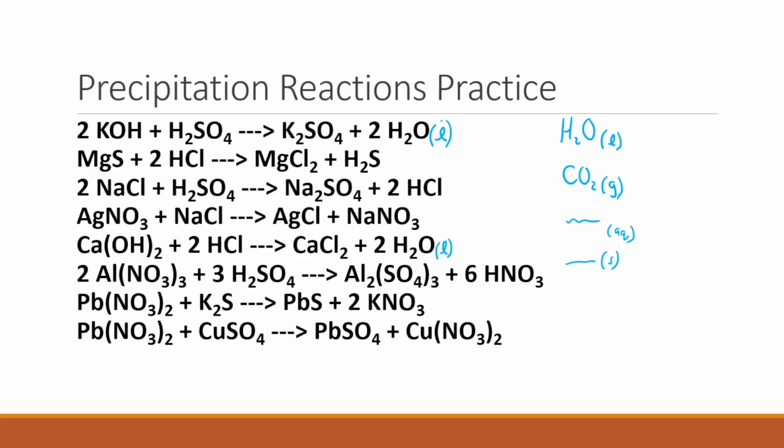So our waters we want to label right off the bat as liquids. Remember, our group 1 ions are always aqueous. Right, that includes our H, our K, our Na.